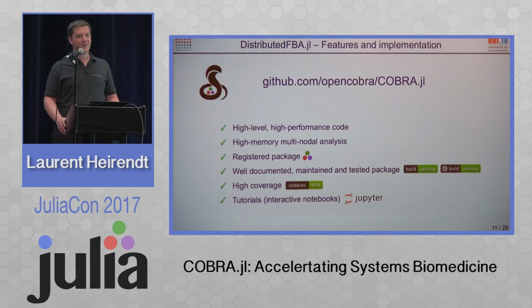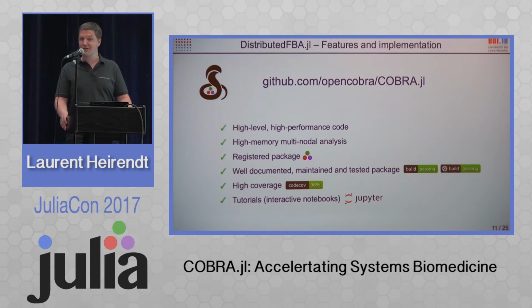And Cobra.jl, yesterday, there was a speaker talking about how the name is everything. It's a registered package, and we're happy that we have Cobra.jl registered under the umbrella of officially released packages. It's also a well-documented and tested package. It's also multi-platform, so most of the biologists in our community are using Windows operating systems, but they can use Cobra.jl.